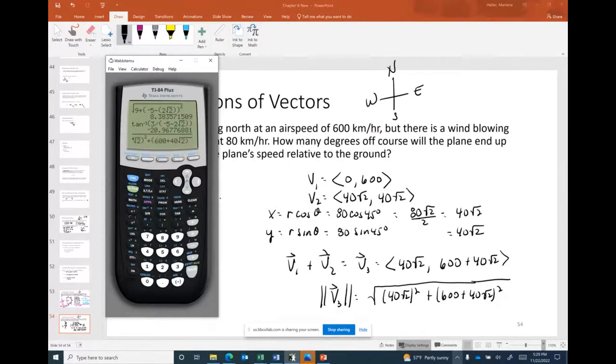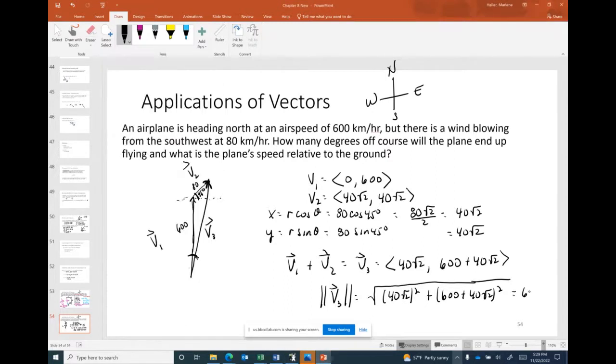Get out from under that radical first, then close off the parenthesis and square it. There we go. I think I got that one typed in properly, and let's see what it is. 659 point, I'm not even going to count that decimal. It's just not enough. So what did we just find? We just found the plane speed relative to the ground, 659 kilometers per hour.